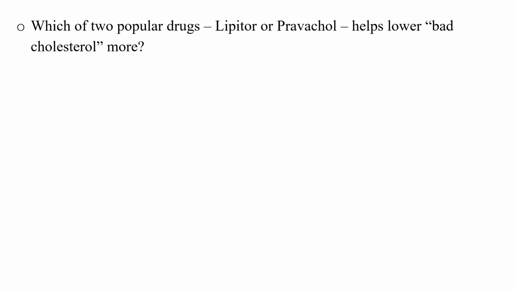For example, if I have two of the popular drugs on the market to help lower bad cholesterol, I have Lipitor and Pravachol. Which one helps lower bad cholesterol more, right? If we were comparing them, you want the best one. You want the one that helps lower it more.